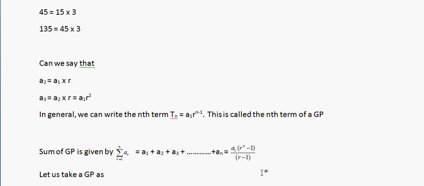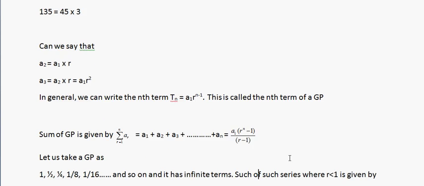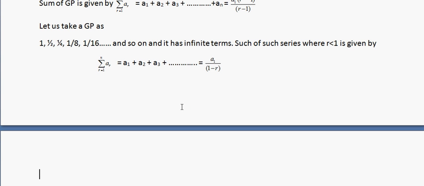There is a concept of sum of GP whose formula is this. It is a1, the first term, multiplied by r raised to power n minus 1 upon r minus 1. So this you have to remember. This is an important formula. The more important formula is when r is less than 1. Think about a series which is 1, 1 by 2, 1 by 4, 1 by 8, 1 by 16, and it is decreasing, right? The terms are decreasing.